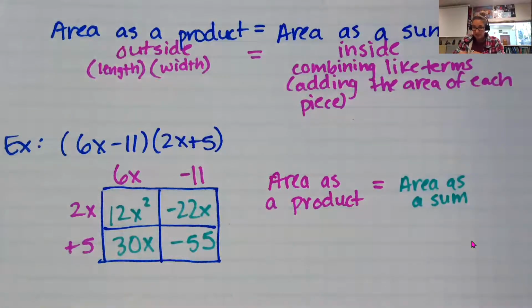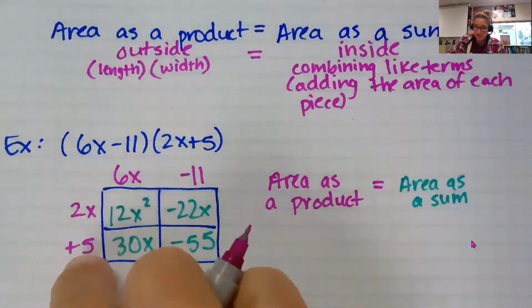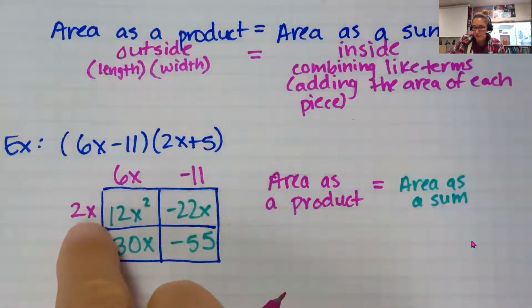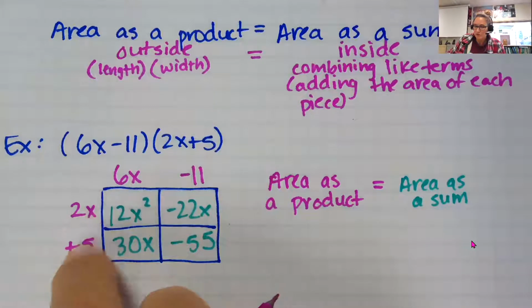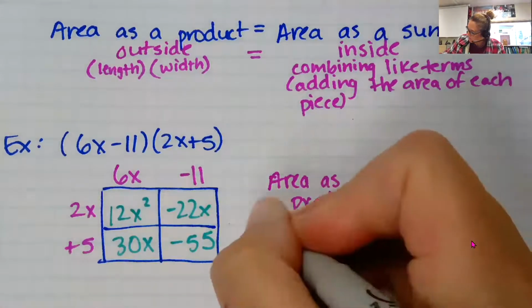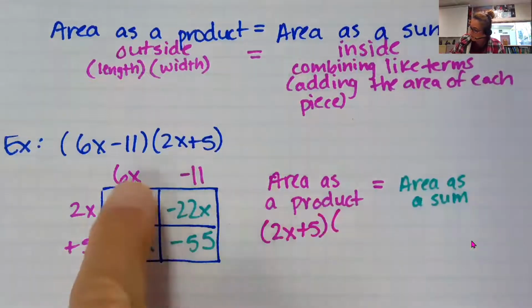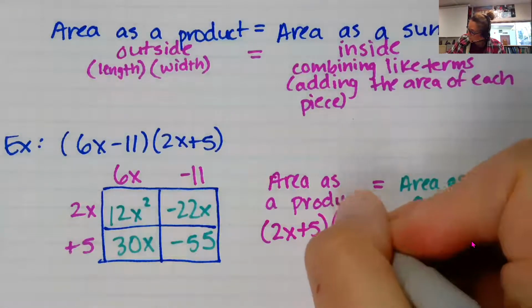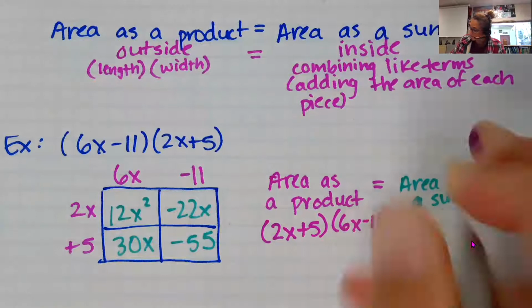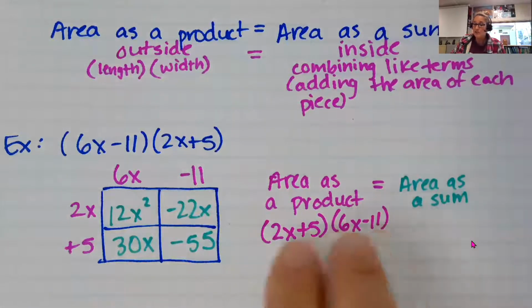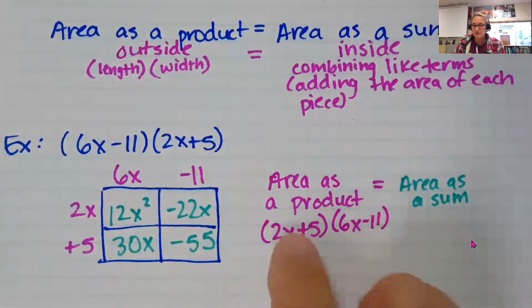So my area as a product, remember, is my outside. So I'm going to take 2x plus 5, and write it with the x first, not the number. Don't give me 5 plus 2x. Write 2x plus 5. It's going to be nicer down the road. 2x plus 5 times 6x minus 11. Now, if you chose to write the 6x minus 11 and then the 2x plus 5, that's okay. This order doesn't matter.